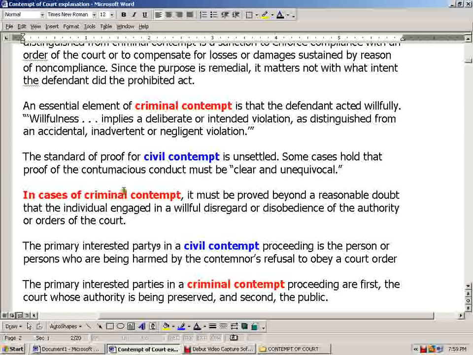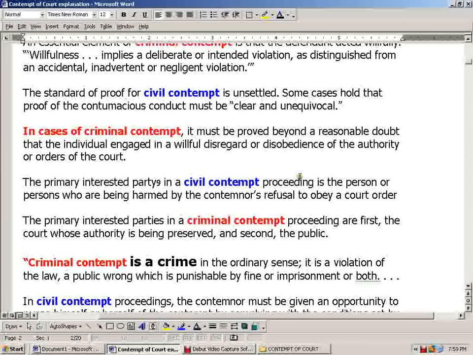The standard of proof of civil contempt is unsettled. Some cases hold that proof of contumacious conduct must be clear and unequivocal. In cases of criminal contempt, it must be proved beyond a reasonable doubt that the individual engaged in a willful disregard or disobedience of the authority or orders of the court.